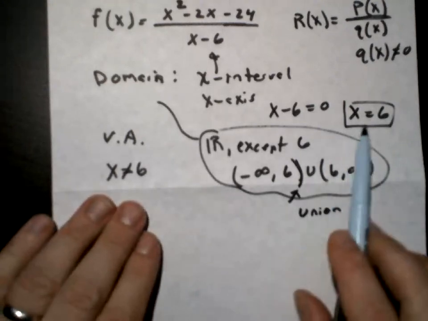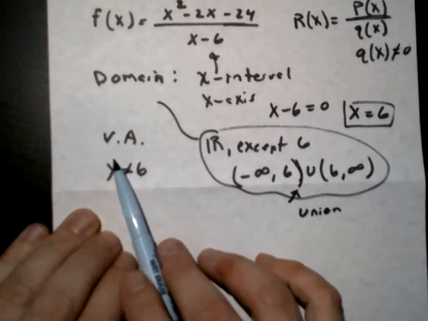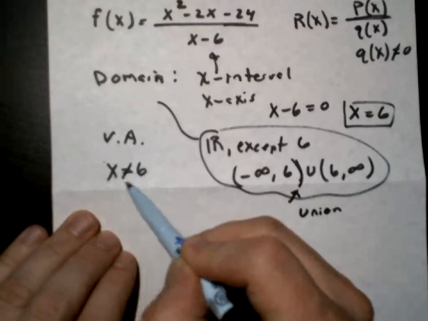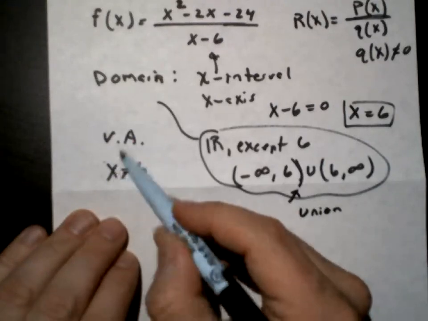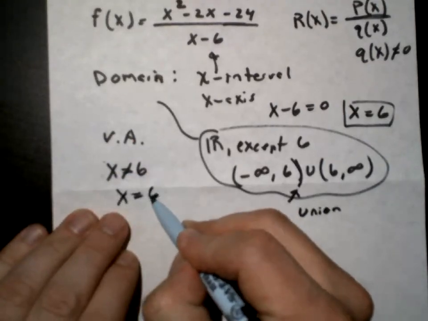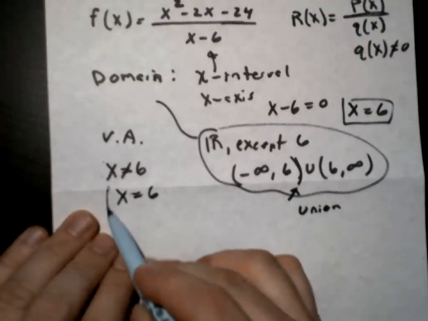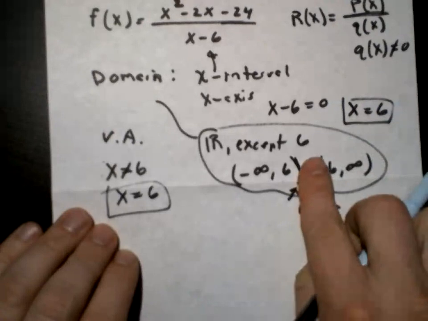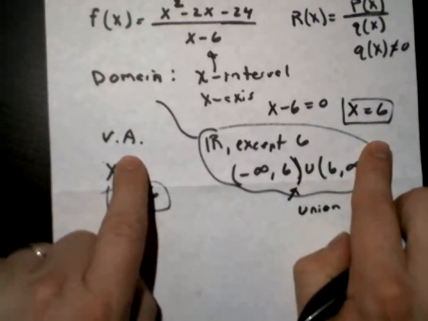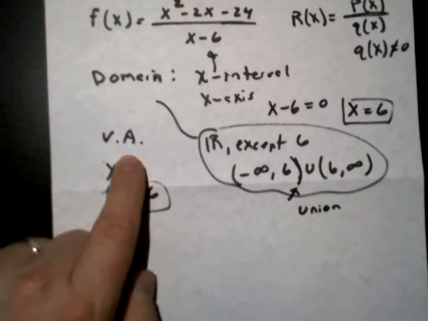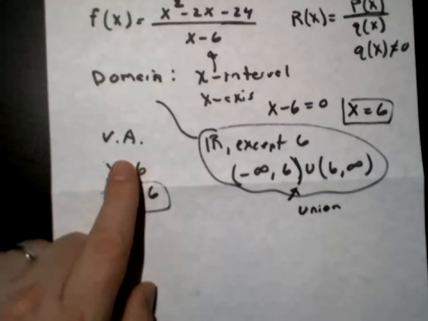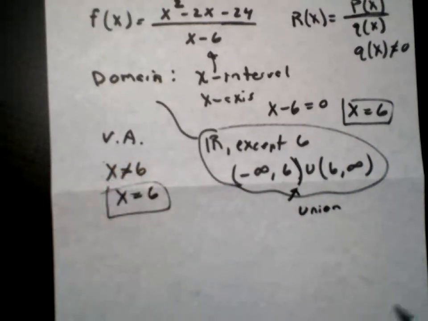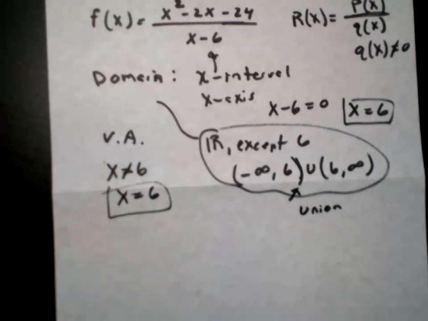No. But that means for the vertical asymptote, you can't have it be 6. So your domain is all real numbers except 6, and the vertical asymptote is at x equals 6. So that's what's going on with this.